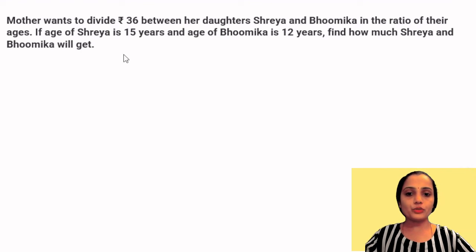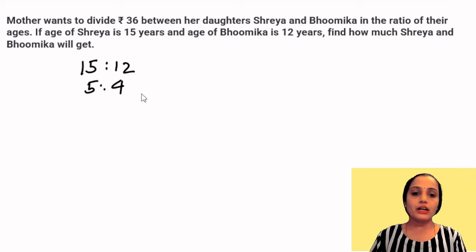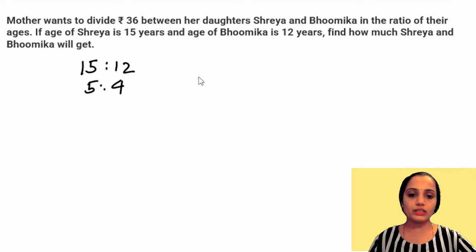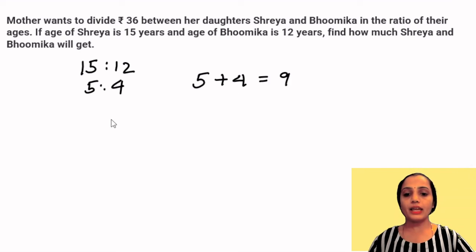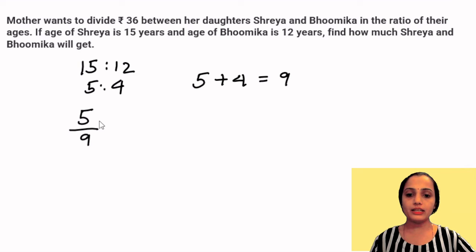Now the second method of doing the same question: again we write down the ratio 5 is to 4. Bhumika and Shreya are going to get in total 36 rupees. When I say total, we can add these two. 5 plus 4 gives us 9, and Shreya is going to get 5 portions of this 9. So we can write this as a fractional quantity, 5 by 9 of 36 rupees.